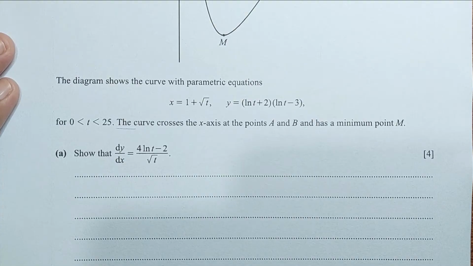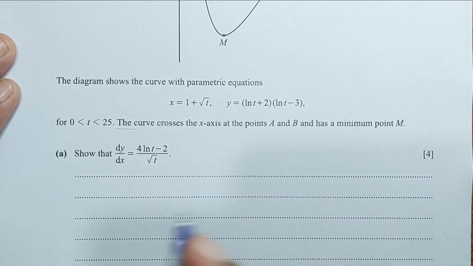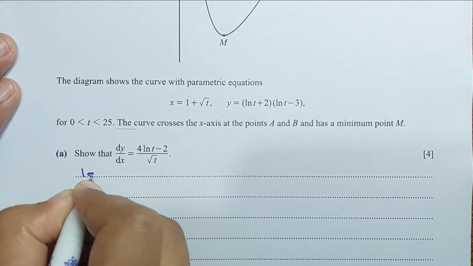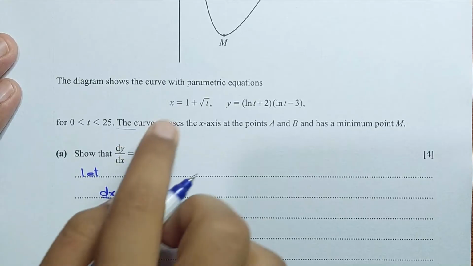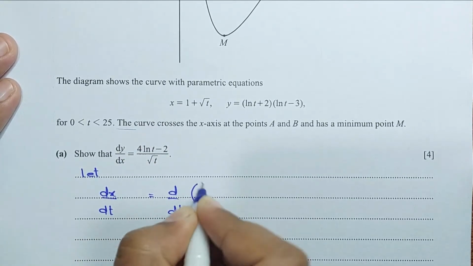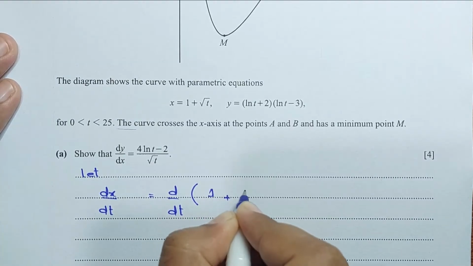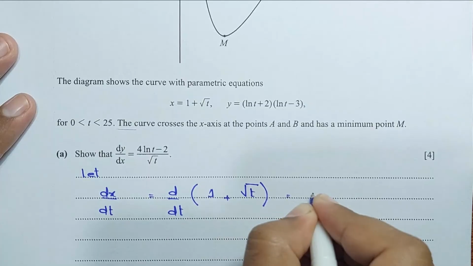Okay, so here we apply the chain rule because x is in terms of t and y is also in terms of t. So first let us solve dx over dt. We have x in terms of t, so we take d over dt of this x function, 1 plus square root of t. The derivative of 1 is 0.